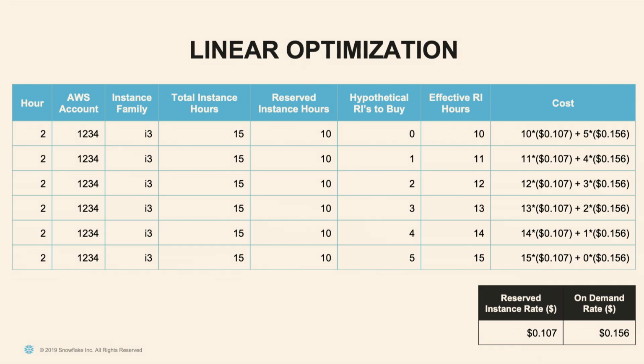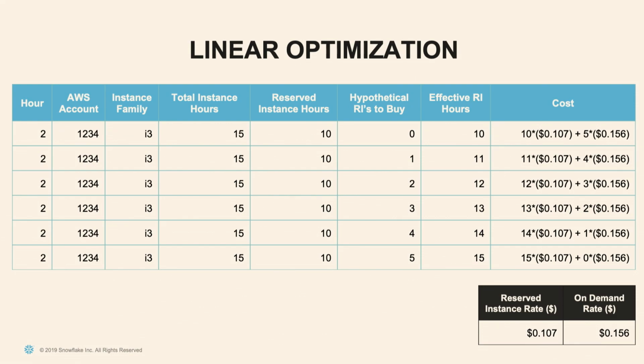We take this and calculate an effective number of reserved instance hours. So it's just the sum of our reserved instance hours plus the hypothetical reserved instance purchase. And then we recalculate the cost in each of these scenarios. So we can see at the top line, it's going to be 10 reserved instance hours times the cheaper reserved instance rate, plus 5 on-demand hours times the more expensive on-demand rate.